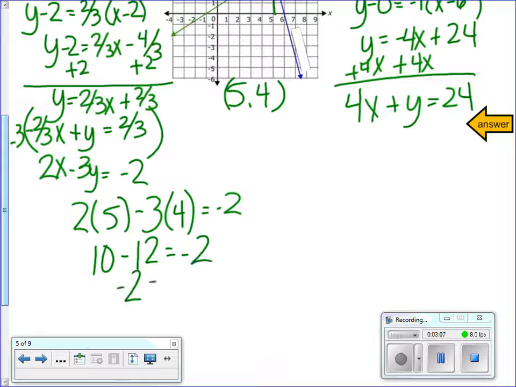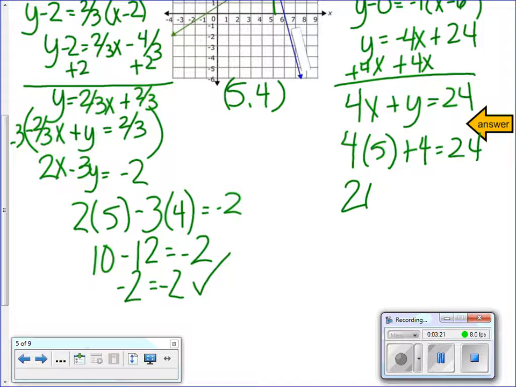So -2 equals -2. Check. Over here, 4 times 5 plus 4 equals 24. 20 plus 4 equals 24. So 24 equals 24. Check.